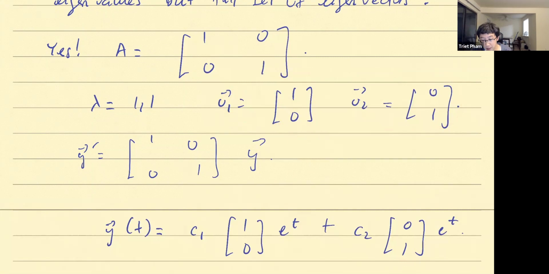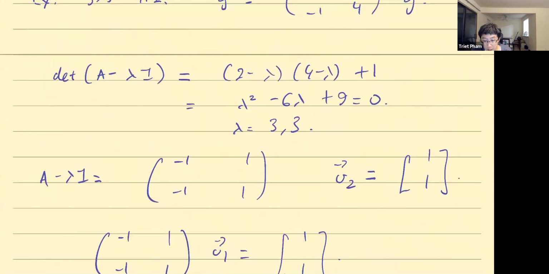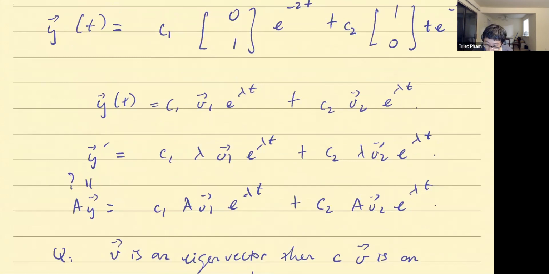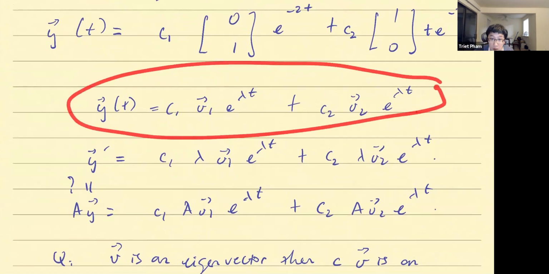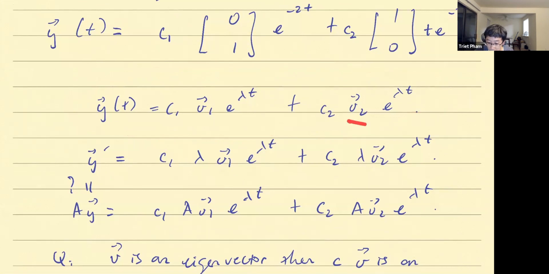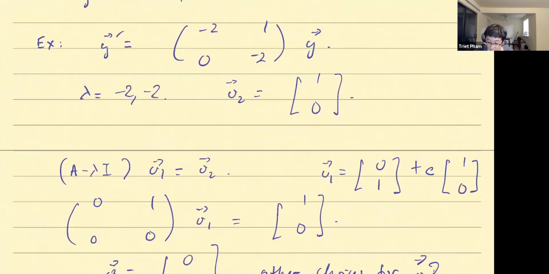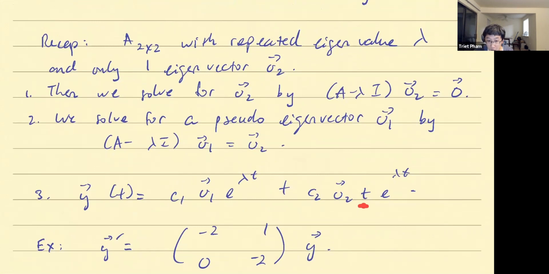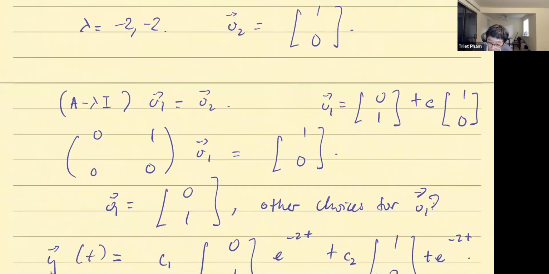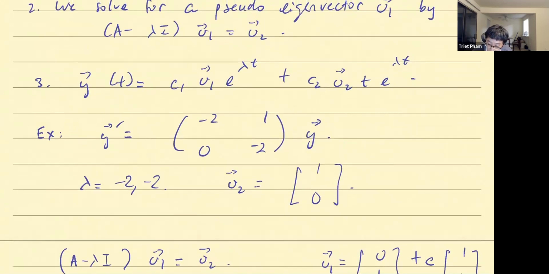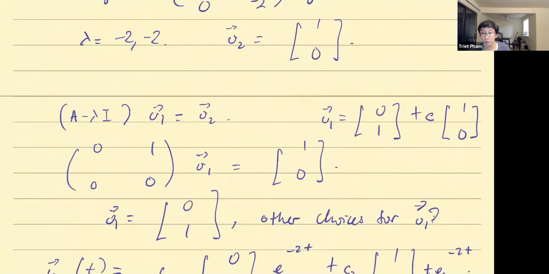Compare and contrast this with the case I'm talking about. No t means you must have two eigenvectors. If you only have one eigenvector, then the t there helps you wiggle your way out of one of them being an eigenvector. Is that okay?